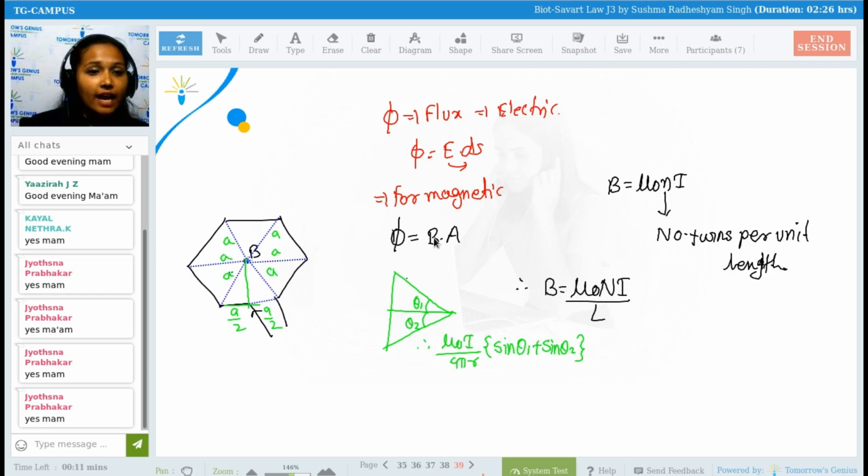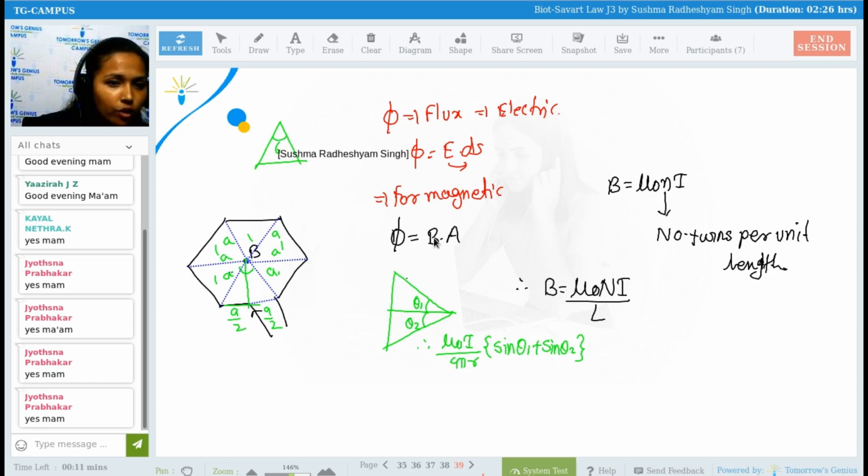Yes, ma'am. So see, at the center, this triangle behaves like an equilateral triangle. So all the triangles are equilateral. So what is the angle for this? It's 60. So if I draw a perpendicular perfectly at the center, this angle will be 30. This angle is also 30.